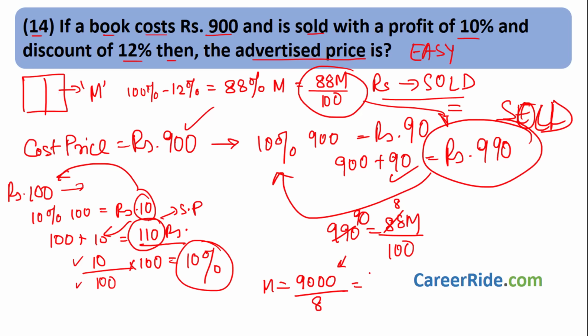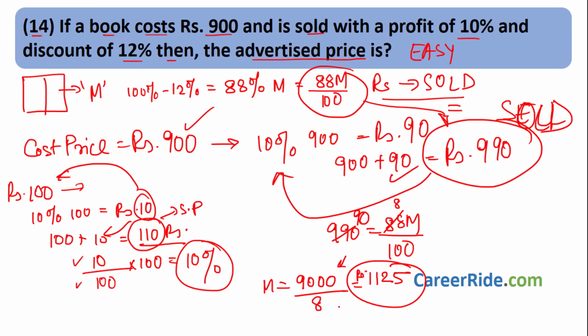That would be 8 1s are 8, 8 2s are 16, and so on, 8 125s are 1000. So rupees 1125 is the marked price of the book.